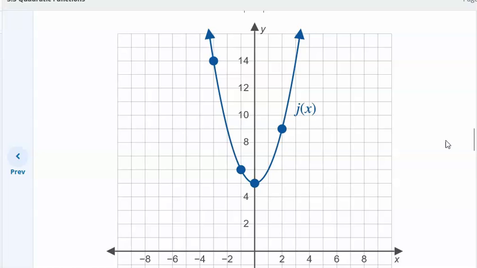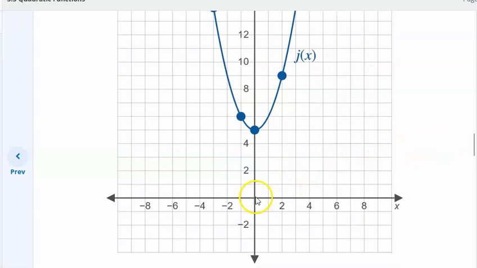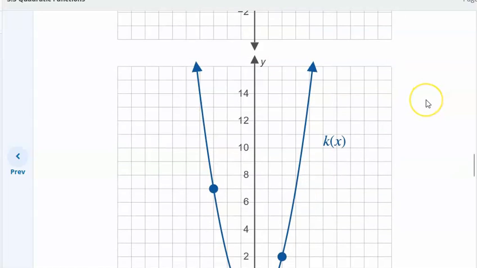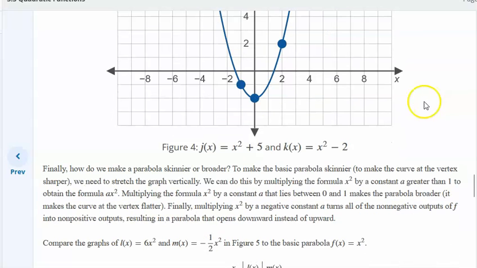And if you said it's going to shift it up 5 units, that is correct. And in this case, if we change the positive 5 to a negative 2, it will shift the graph vertically down to the y-intercept of negative 2.